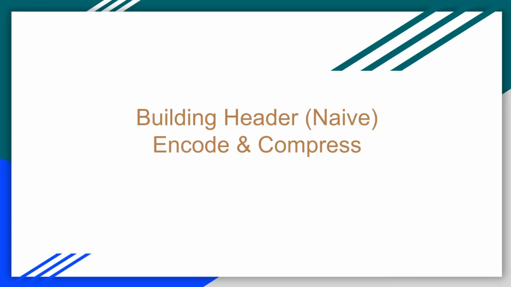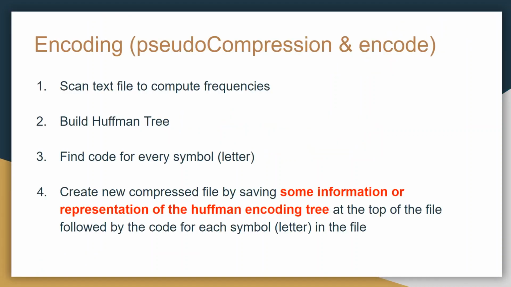Now, building the header, this is the naive version of compressing the file that's given to you. So for encoding, doing this compression, you're going to be using pseudo compress. That method is in compress, and then encode, which is in HC tree.